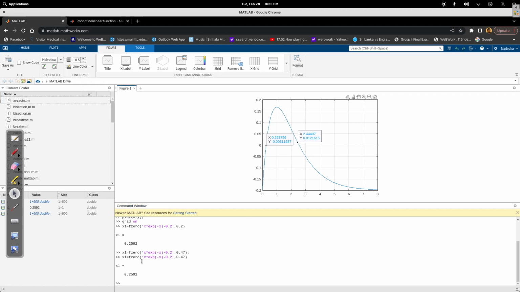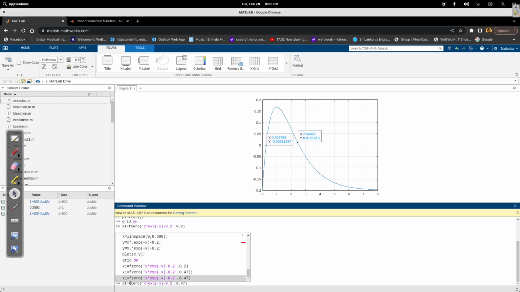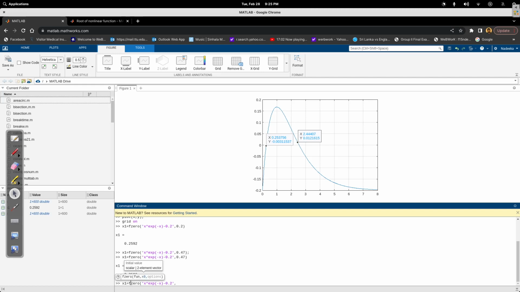It can be a little bit away, so I'll use 2.4 as the approximated root.